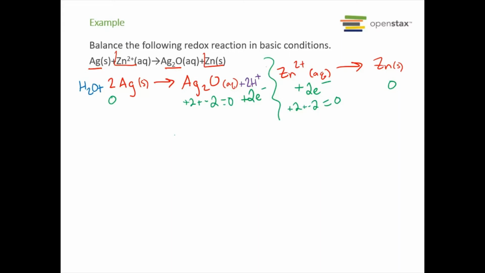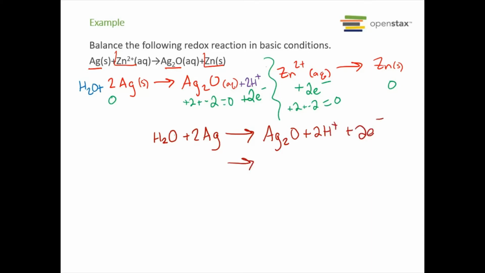Let's go to another pen color. I'm going to go to dark red. So now let's go ahead and stack these guys up and make sure everything is matching properly. H2O plus silver. I'm going to just not worry about the states right now. They don't matter. That's right, I said it.